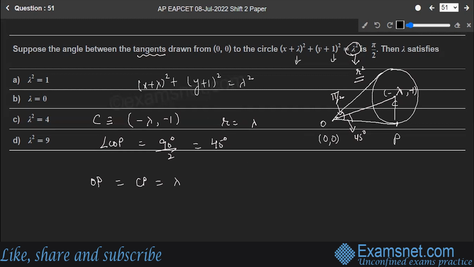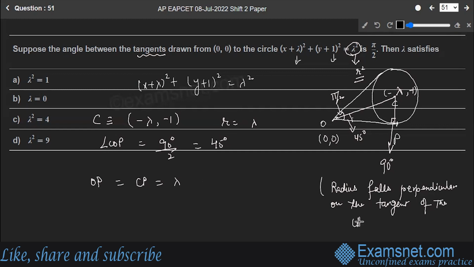See, if I'm drawing this triangle, if this angle is 45 degree, you know this angle is 90 degree. The reason, I hope you already know, radius falls perpendicularly on the tangent of the circle. So if this angle is equal to 90 degree, then what is this angle equal to? See, this is 45.